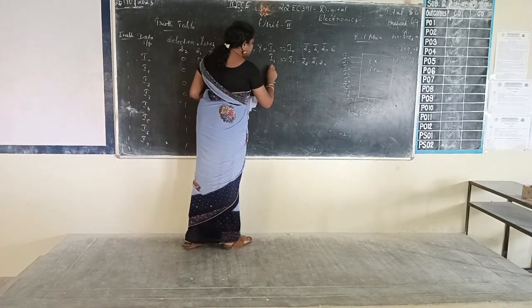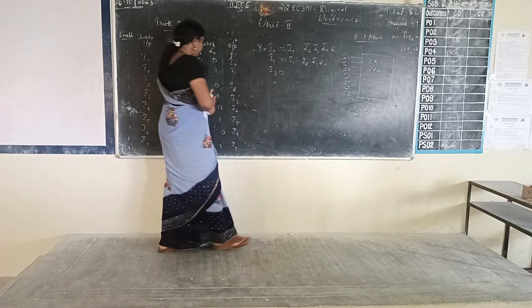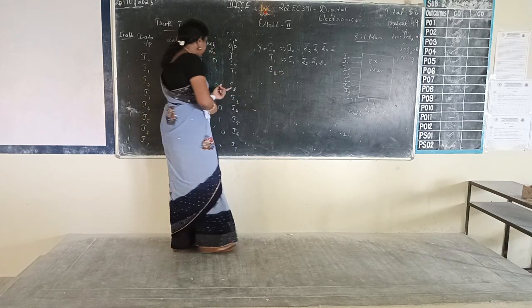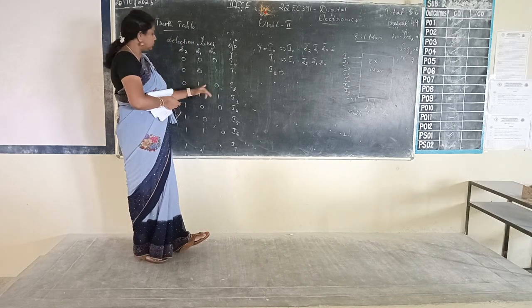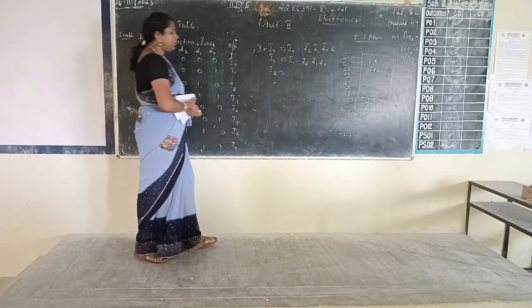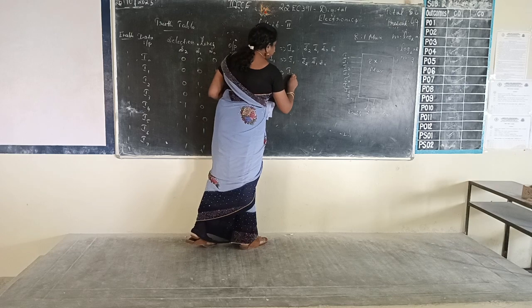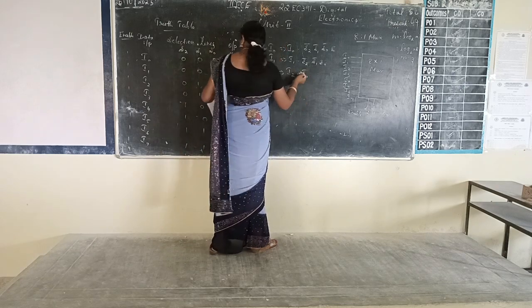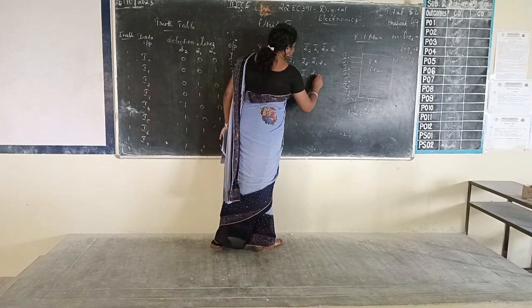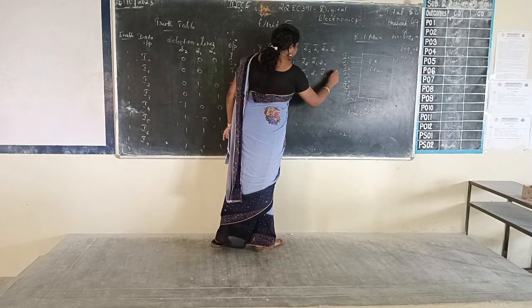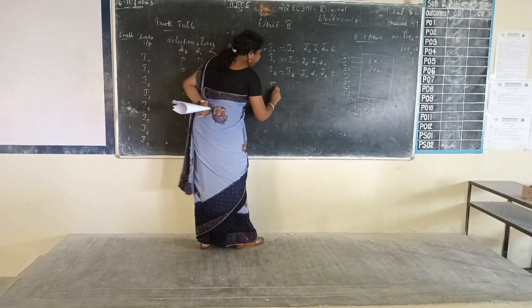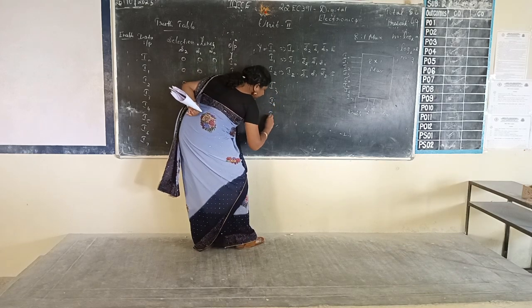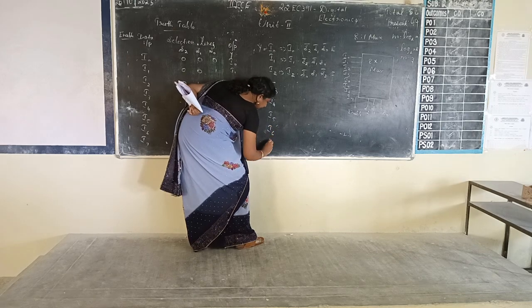Then for I2, S0 bar, S1, S2 bar into I2 into E. Similarly, we have to write for I3, I4, I5, I6, I7.